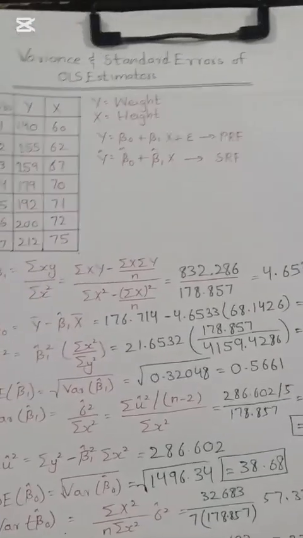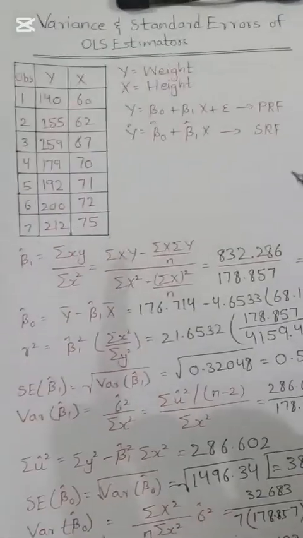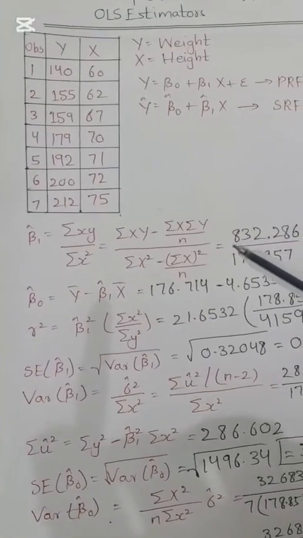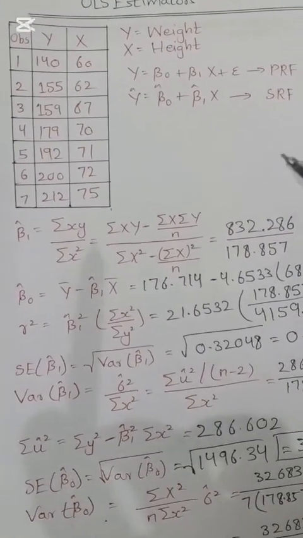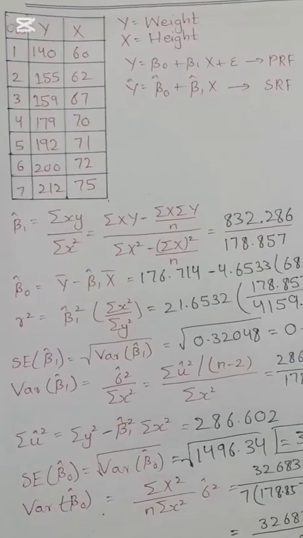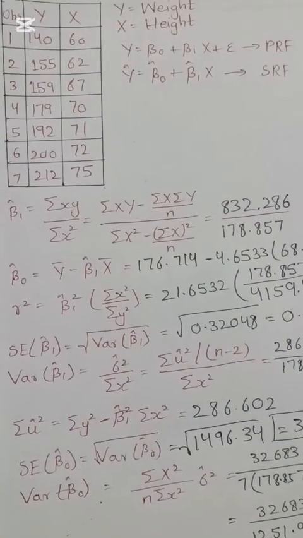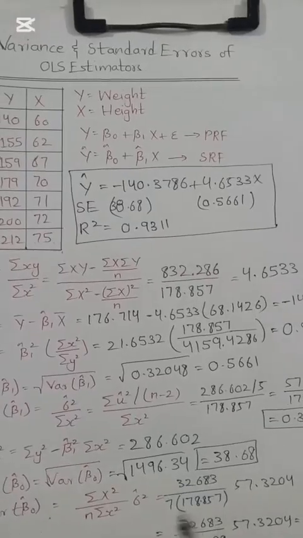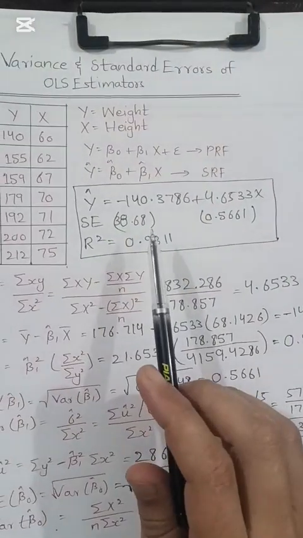Now we have found all the required calculations and values, and the last step, but not the least, is to write all these regression results in a simple and nice format. Here's how to write the regression results.